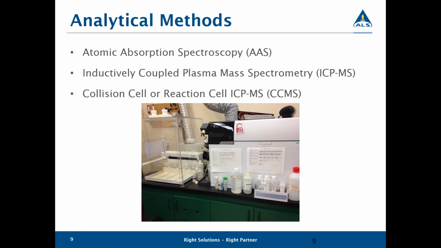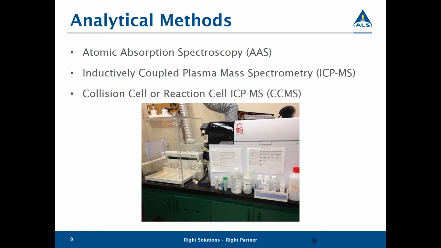More recently, there's been the evolution of both the collision cell and reaction cell ICP-MS. It doesn't involve so much argon. You can change the gases that are used in the analysis, and that can then be used to measure arsenic a lot more accurately without having to worry about some of the common interferences produced by argon. So that was one of the methods of choice.